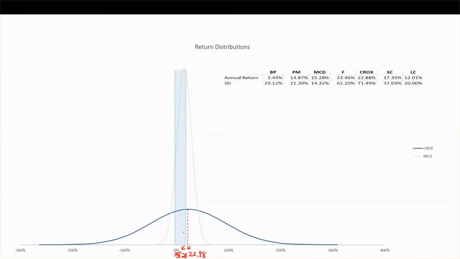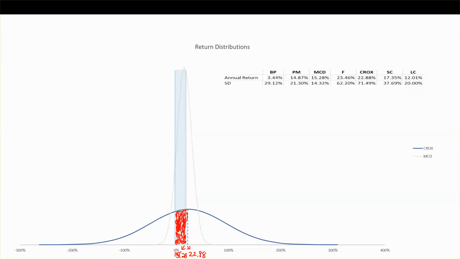Well, I might be curious to know what is the likelihood of Crocs earning a return somewhere between 0% and 20%. That's this blue shaded area. The likelihood of Crocs generating a return in the blue shaded area is what I'm now shading in red. It's taken a long time and I don't want to spend that much time doing it, so it's not that pretty.